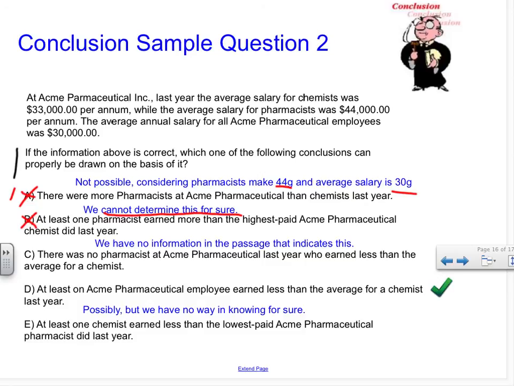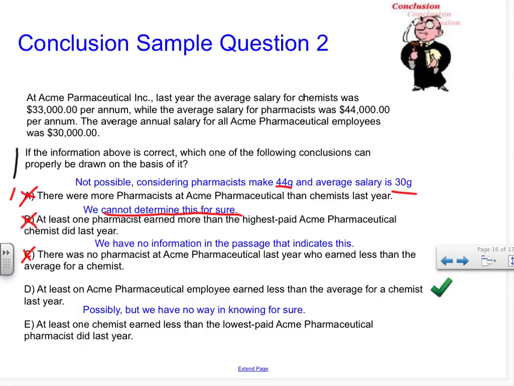Again, this is something that could be true, but we have no information in this passage that would back this up. So we can't use this as a support for the following conclusion. We can't draw this information from what we've read in the passage.